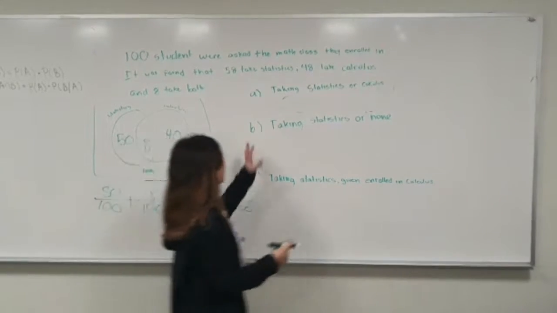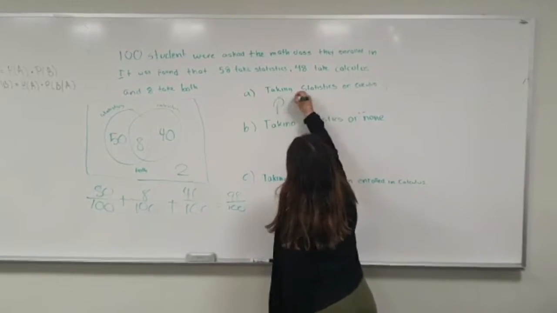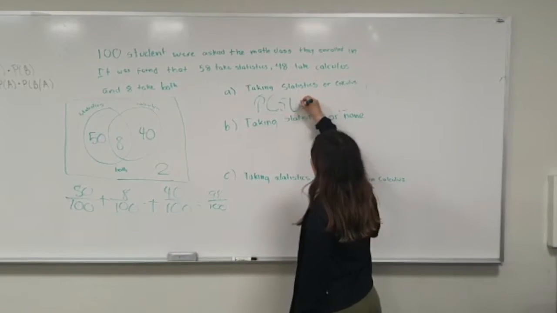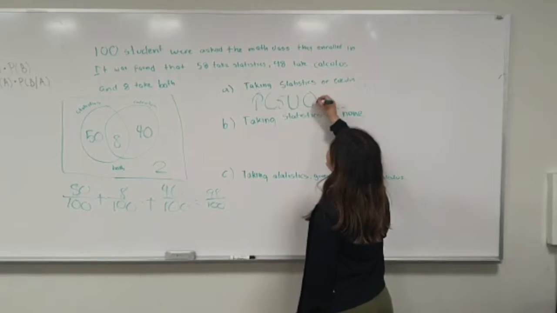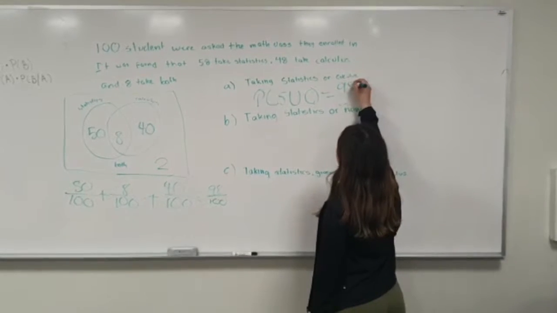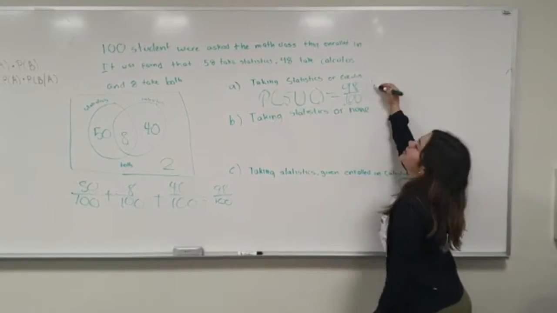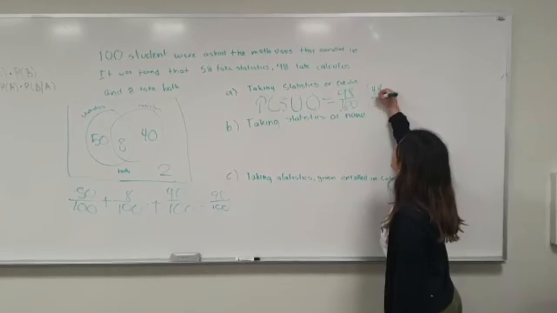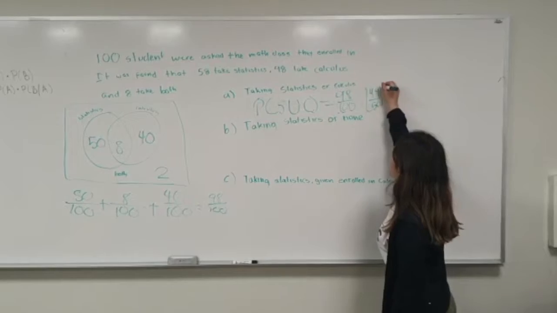And so we're going to put up here P of S or C, because it's statistics or calculus, and the answer is 98 over 100. We have to simplify it, and if we simplify it, it's going to be 49 over 50. And this will be our final answer.